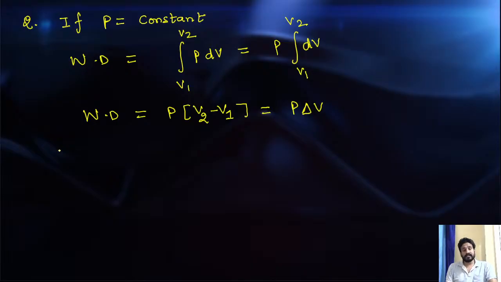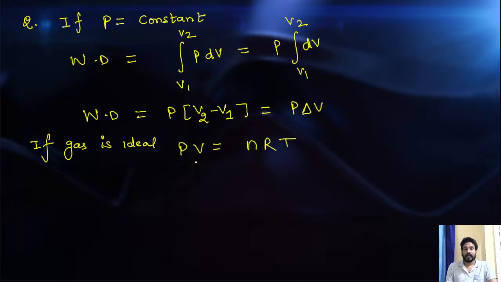Let's suppose, guys, that the gas is an ideal gas. Then we can write PV is equal to nRT, and pressure is constant. This is my condition now. R, the universal gas constant, is constant, and n, the number of moles, is constant. If my volume changes, then temperature will also change.